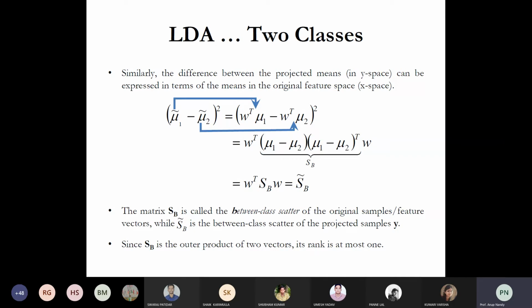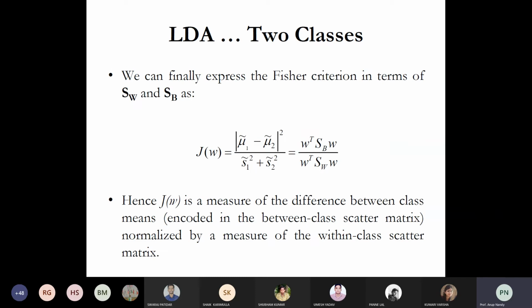So you have to maximize the ratio where the numerator is SB tilde and the denominator is SW tilde, that is W transpose SB W divided by W transpose SW W. This matrix SB is the between class scatter of the original samples of feature vectors, and SB tilde is the between class scatter of the projected sample. Since SB is the outer product of two vectors, its rank is at most 1. So now your objective is what?